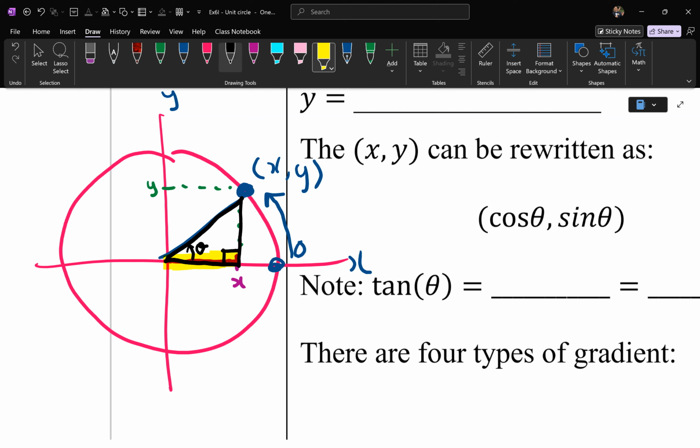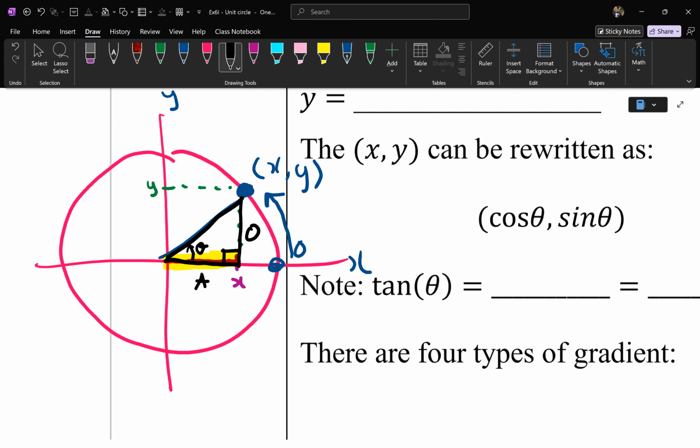The adjacent. Because we know the adjacent is, this is not opposite to the angle. This is opposite. Then this must be hypotenuse. But what's interesting, starting from the origin to this point, this is also the, we already know it's the hypotenuse, but it's the radius of a circle.